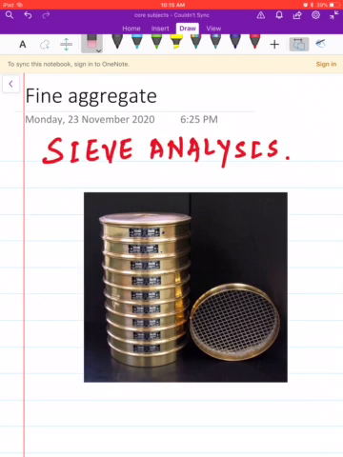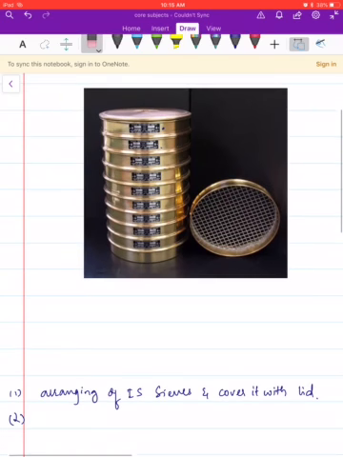First among them is the IS sieve. With the IS sieve we also require a weighing balance.